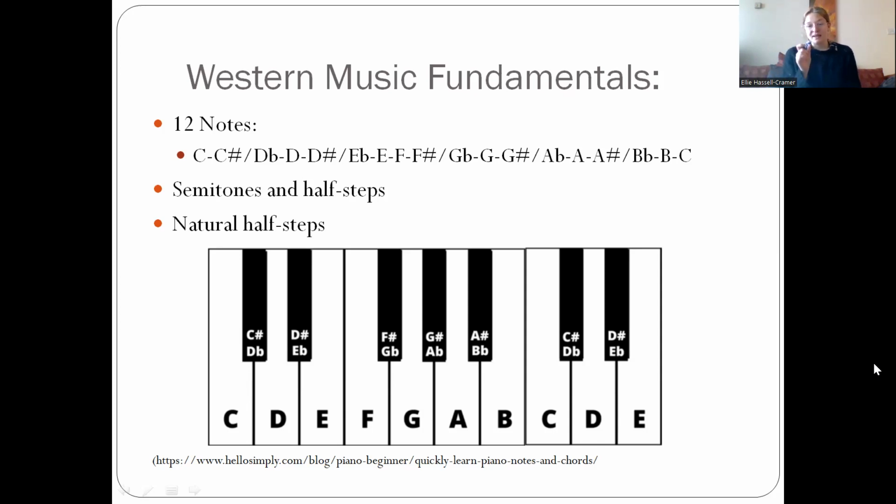If you look at the spaces in between these patterns, where E and F and B and C reside, you'll notice there's not a black key. The reason for this is because the pitch space between E and F and B and C is too small for there to be another semitone existing, because auditorily it is the same distance as it would be between, say, C and C sharp.